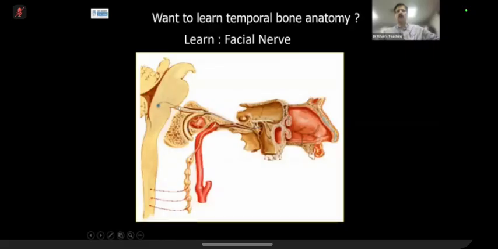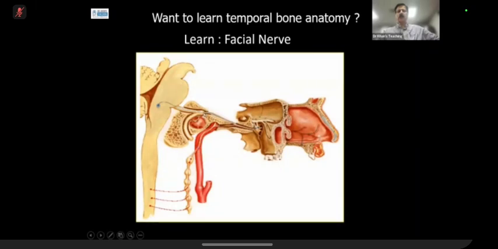So I repeat, this is the labyrinthine portion, the geniculate ganglion or the anterior genu, the tympanic portion, and then the mastoid portion or the descending portion. You can imagine that the parotid gland will be sitting here. It will pass into the parotid gland, and then it will divide into terminal branches.